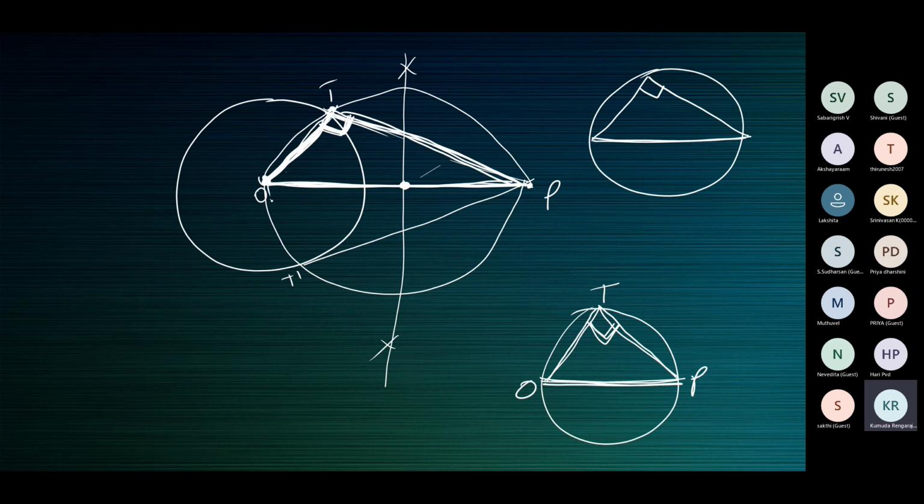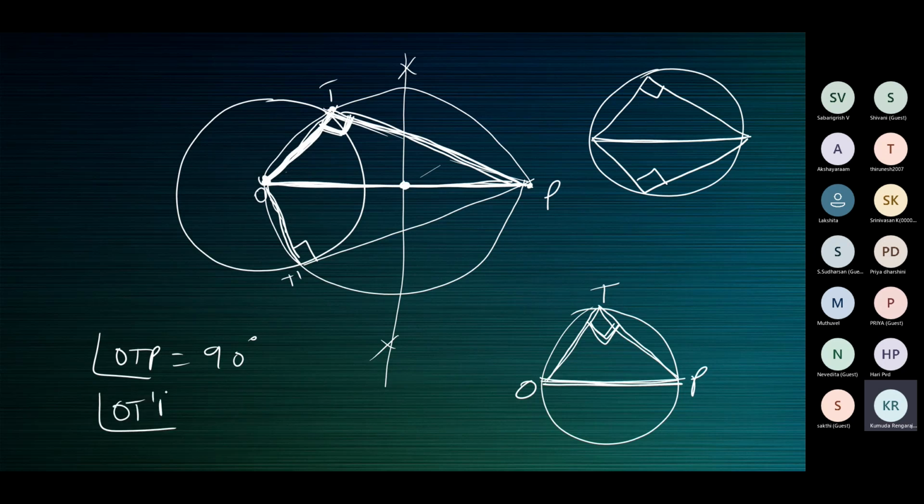Same thing here. If you join below like this, this is also an angle in a semicircle, 90 degrees, a right angle. So you should join OT dash. If you join OT dash, angle OTP is 90 degrees. Angle in a semicircle is a right angle, ninth standard. And also angle OT dash P is 90 degrees.